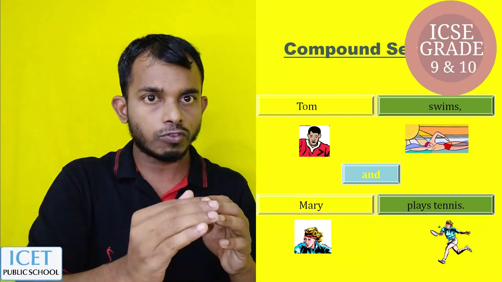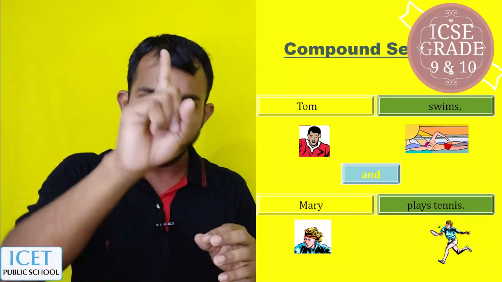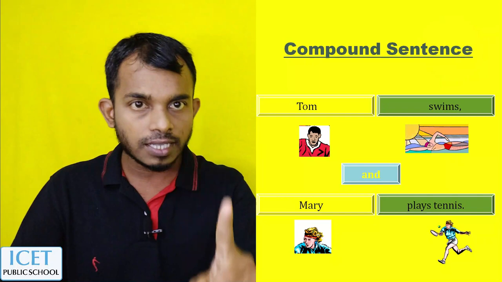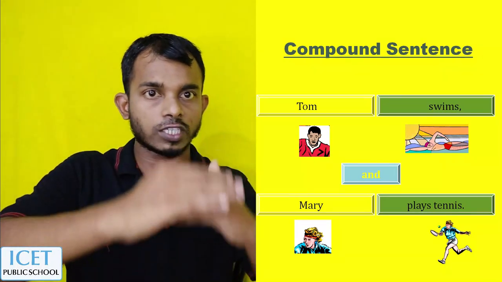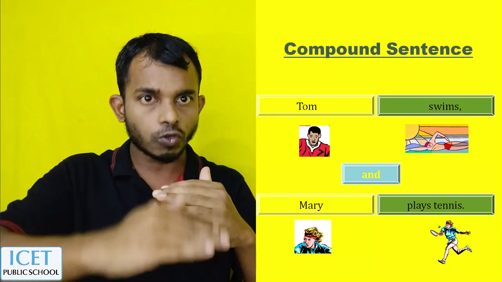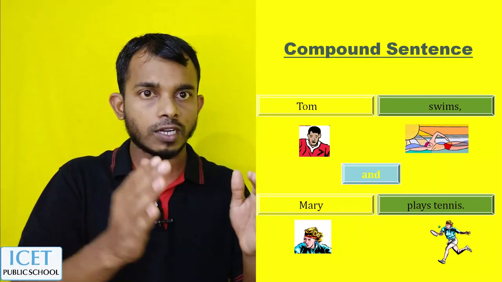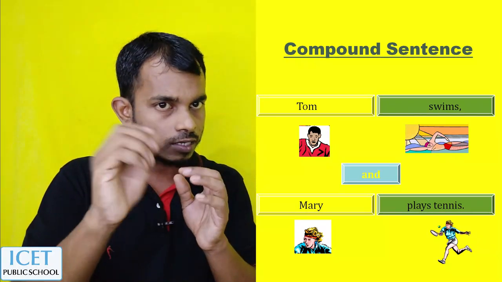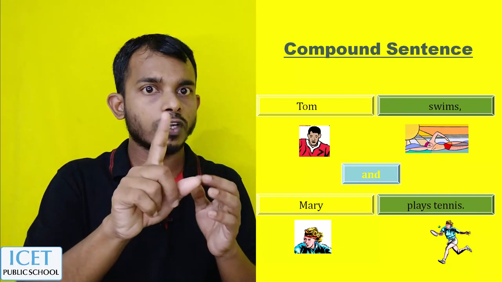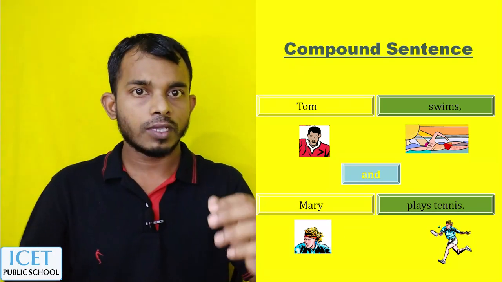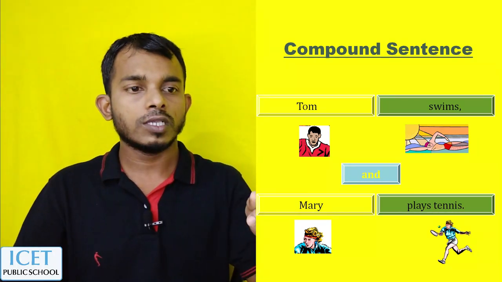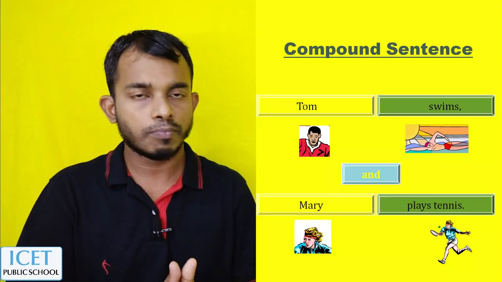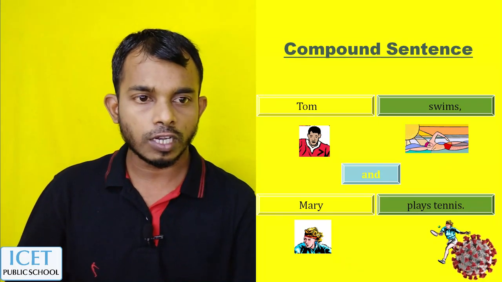When we make a compound sentence, we can't say two sentences. It is one single sentence with two clauses. We will say it is two clauses in a sentence. If there are two sentences in a non-grammatical way, we will call them clauses, okay? It is one sentence only: Tom swims and Mary plays tennis. So we shall move next.